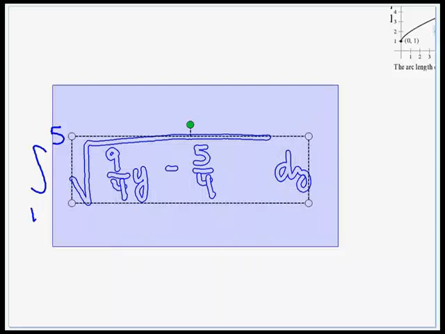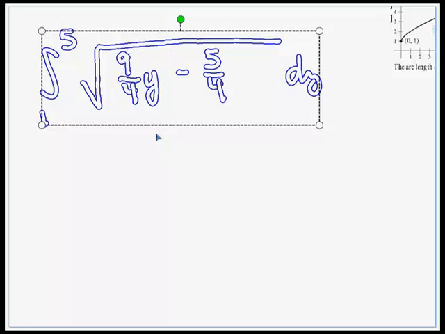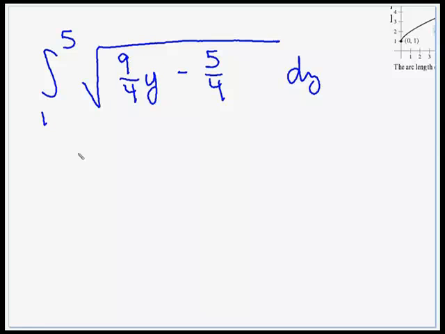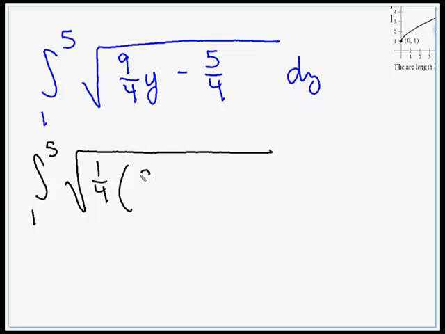So what can we do next underneath that radical? Well, it looks like we can factor out a 1/4. So we're going to have our integral from 1 to 5, a 1/4 times the quantity 9y minus 5 under the radical. And that 1/4 we could write as 1/2 squared, or the square root of 1/4 is a half.